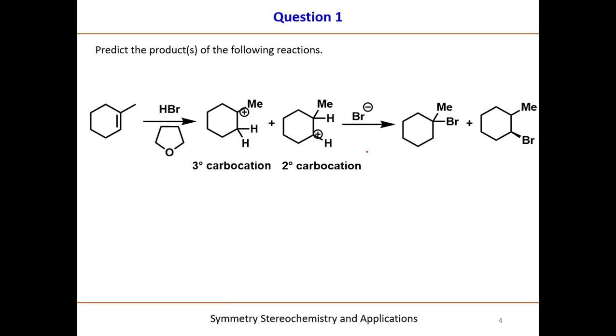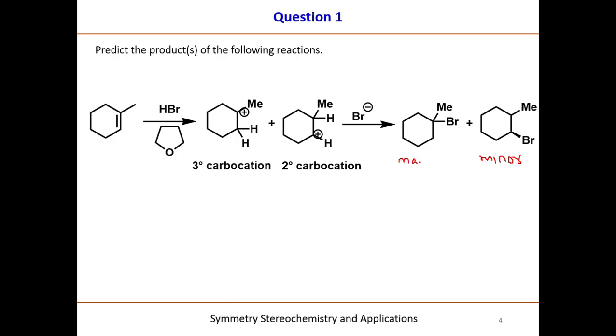As all of you know, a tertiary carbocation is always more stable compared to other carbocations. So this one is the minor product because it is forming via secondary carbocation formation, and here this one is the major product.